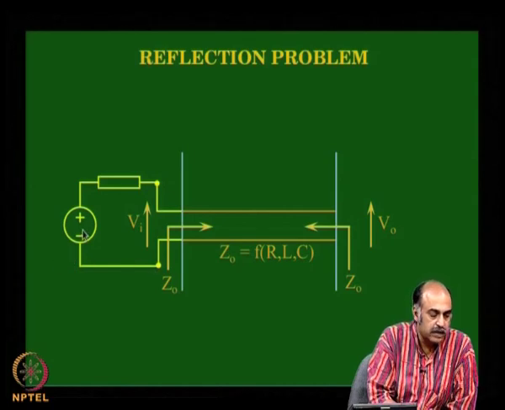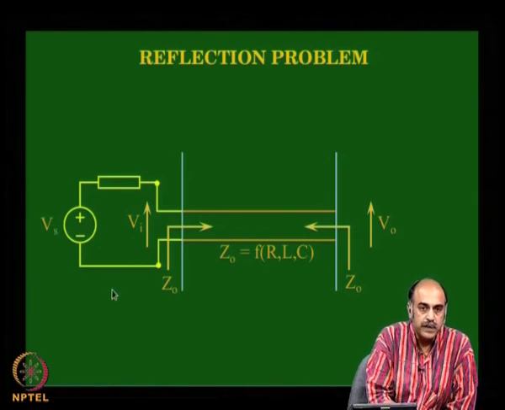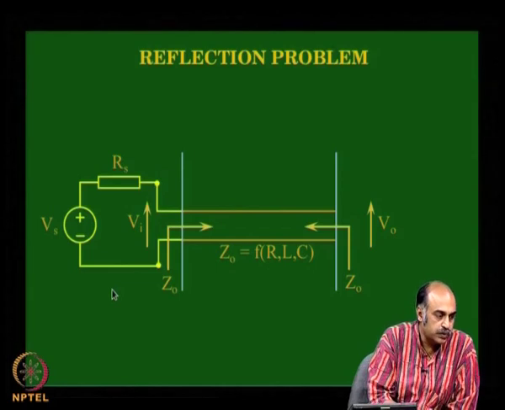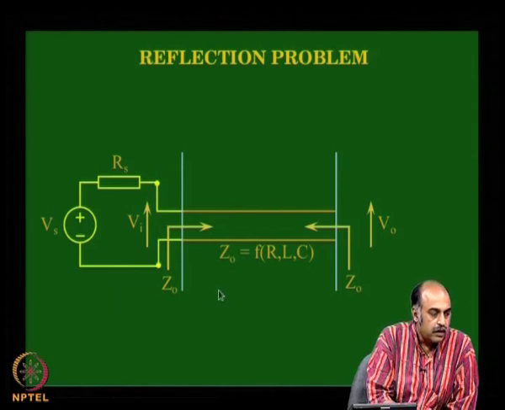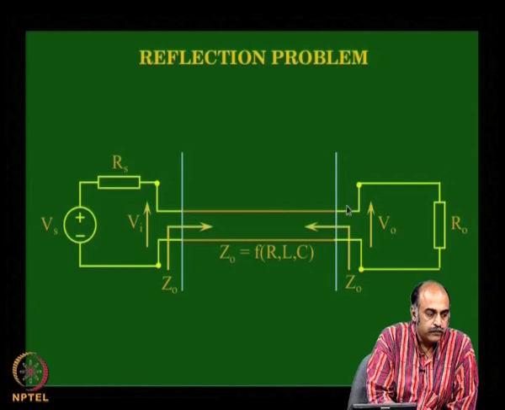Now, let us say we have a source with its source resistance R s. So, V s and R s form the source resistance. And on the load side, we have a load R naught connected as shown here.